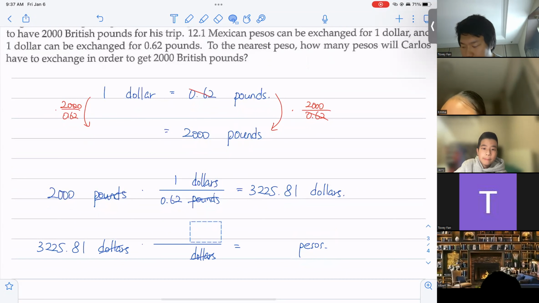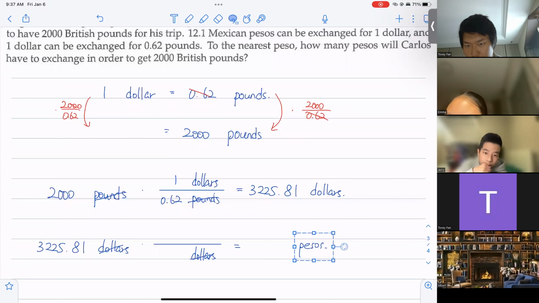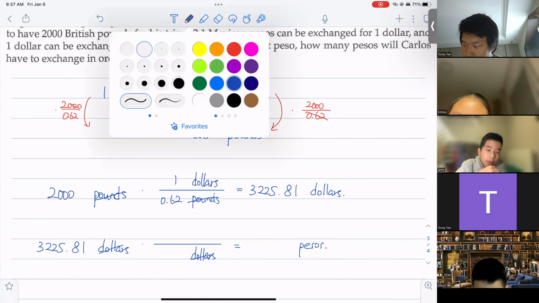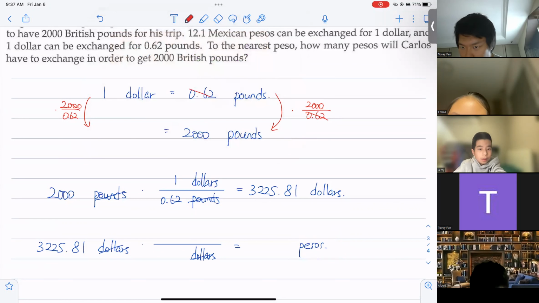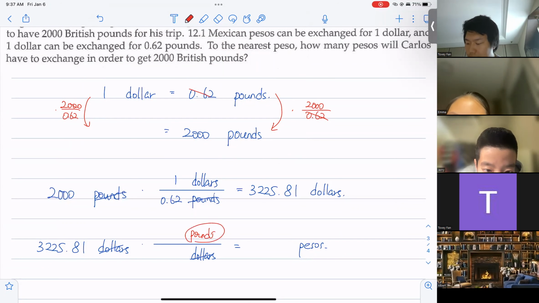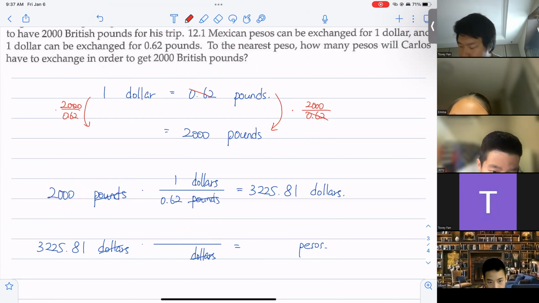So what is the unit on top if you want to get pesos instead of pounds? Pesos, right? On the top should get pesos, okay? So Jerry, if you put pounds on top, then after dollars are canceled, you just get back to pounds. You will go back to 2000 pounds. Okay, so you have to put pesos on top because you want pesos.